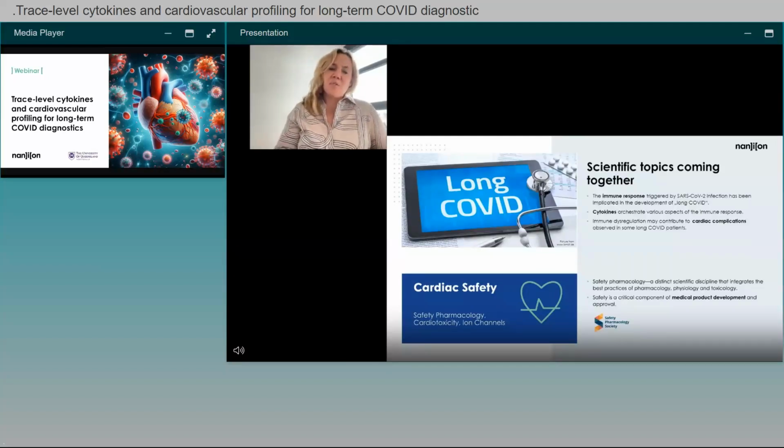As most of you also know, safety is a critical component of medical product development and approval. Due to the work done here, withdrawals of new drugs due to side effects have diminished.